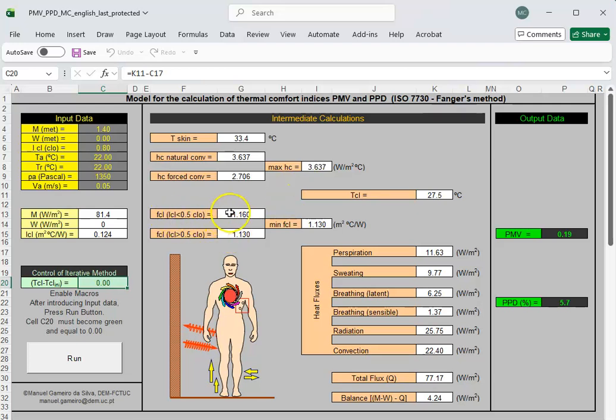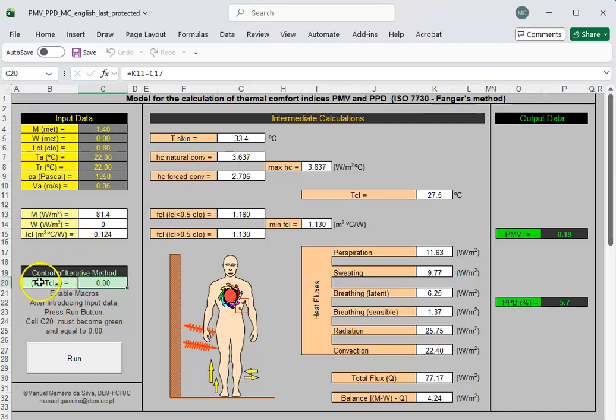We are also calculating FCL, the correction factor, to take into account the relationship between the naked and the other parts of the human body that are covered by clothing. And in this case, we take the minimum.